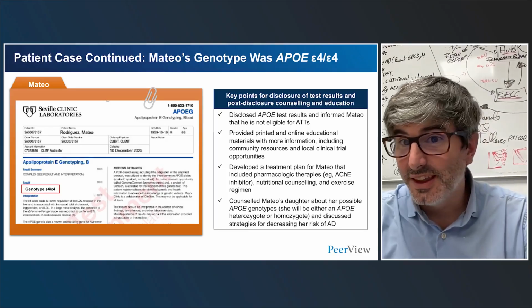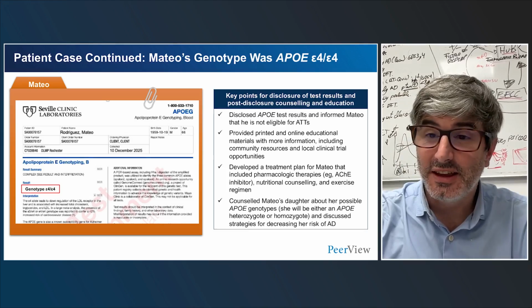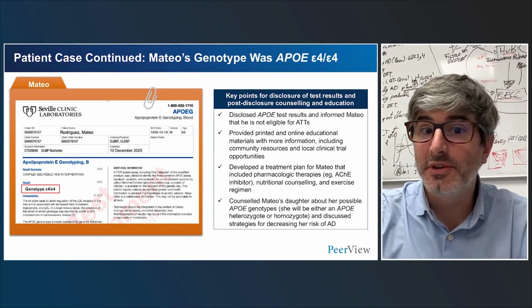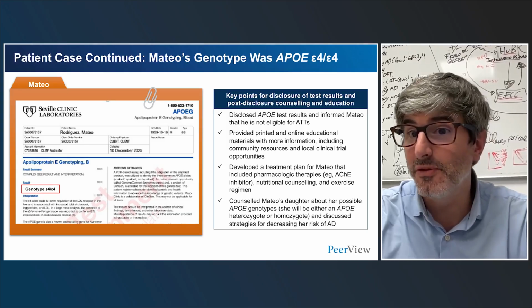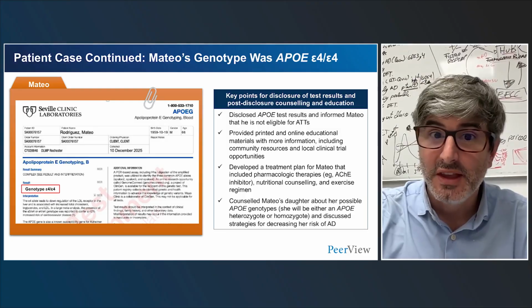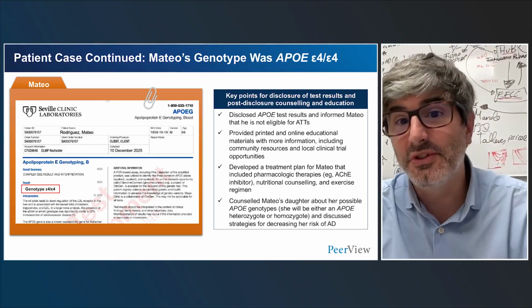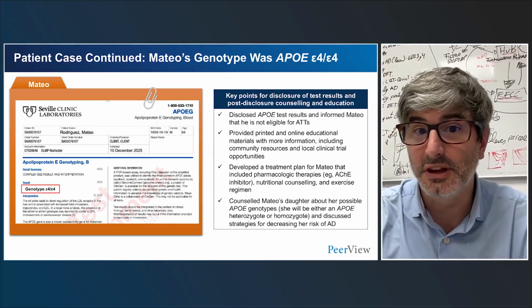So the results of the APOE genotyping come back to us, and Mateo's genotype is APOE4. He is an APOE44 carrier. And I think that on the right of the slide, you can see the key points for disclosure for Mateo.